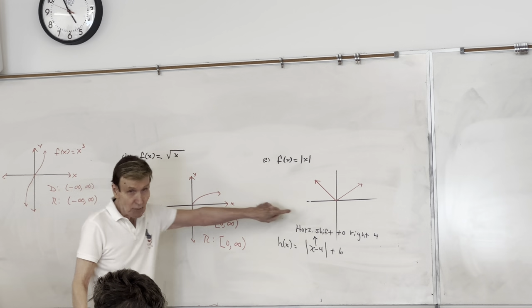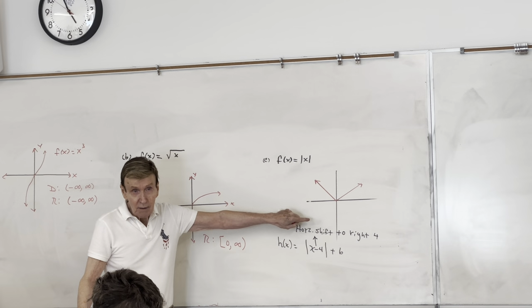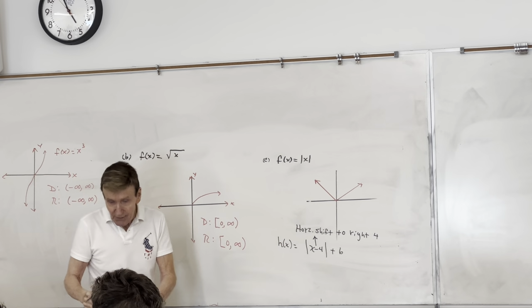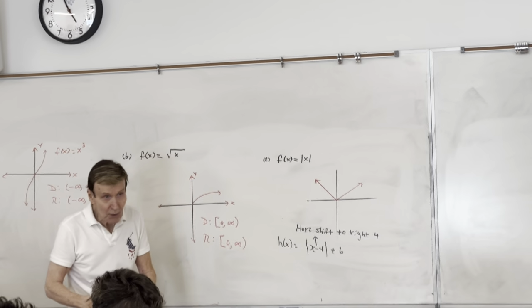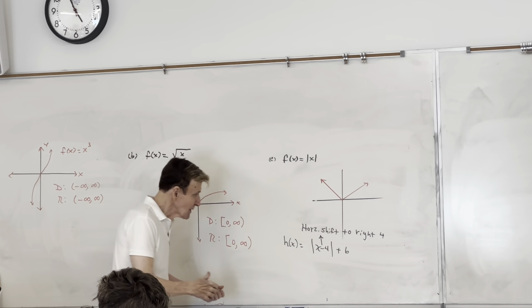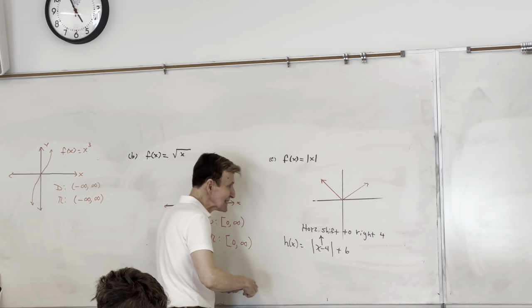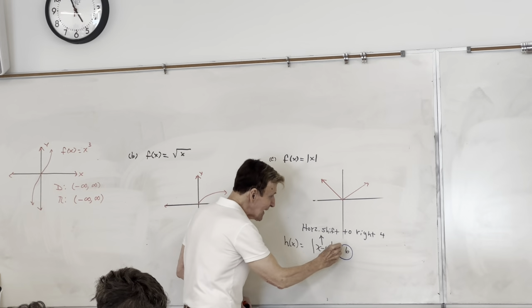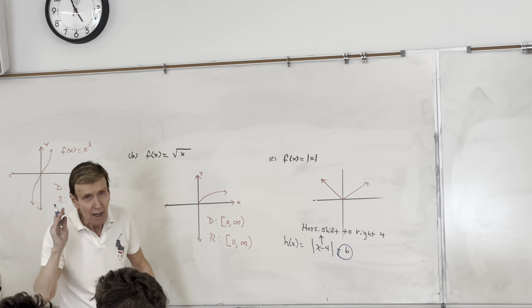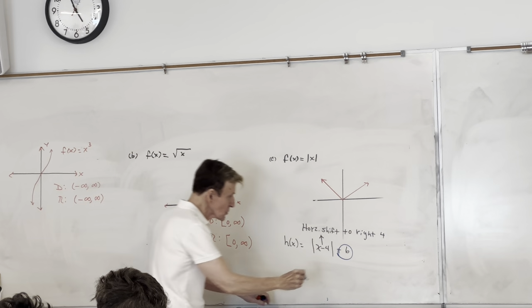She said, Professor, I think I remember it's going to shift 4 to the right. What's going to shift? This red graph. And then I see a +6, I'm not finished though with it. After it shifts 4 to the right, anyone tell me what that +6 may mean? There we go. Up 6. And they call that a vertical shift.